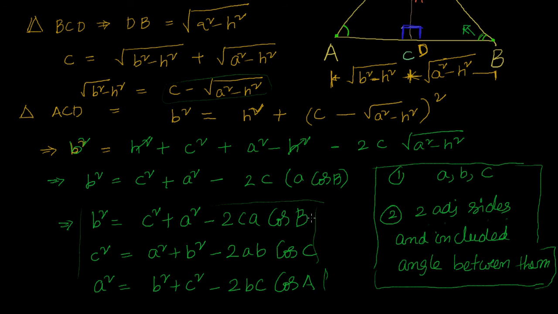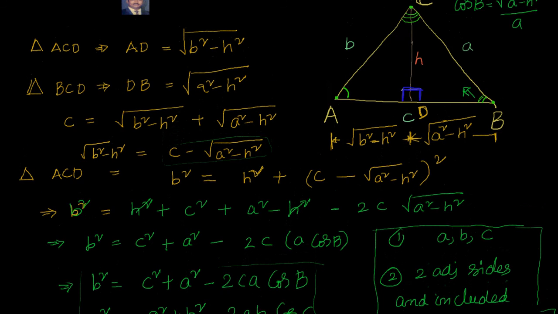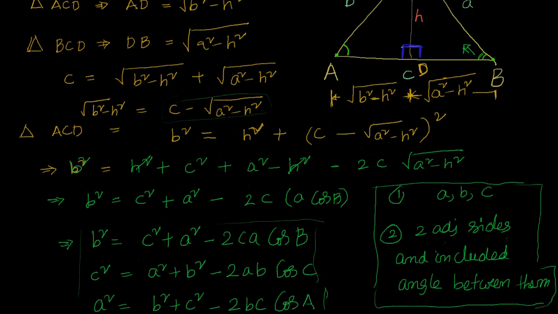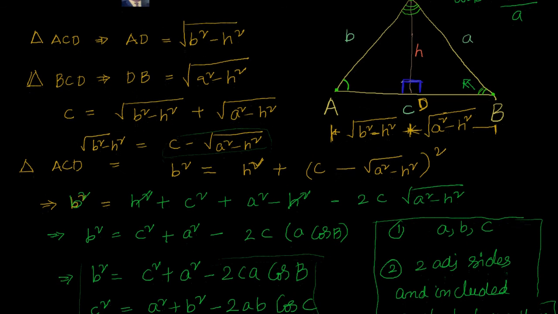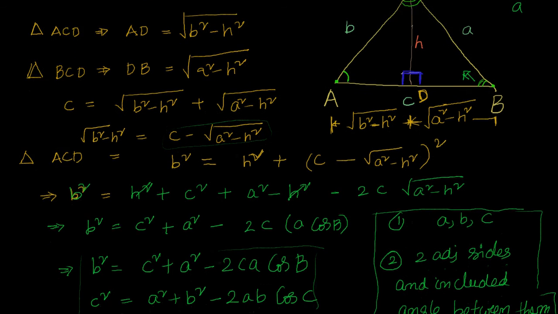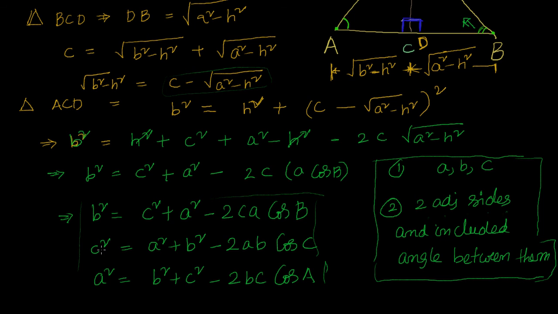Now instead of AB, you take your base as AC and you do the same thing. That means you are doing it for B. Then you will be getting c square equal to a square plus b square minus 2ab cos c, and you can see the pattern here, right?